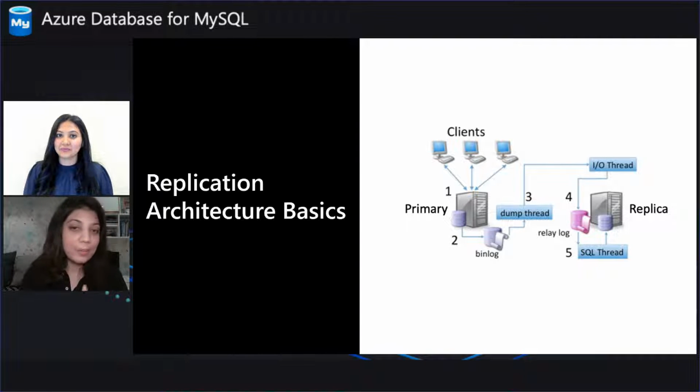First and foremost, the replica doesn't have to connect with the primary because the log files are constantly being transferred using the storage. Also, in the event of a disaster, if we promote the replica into a standalone server, then the replica can be brought up to date with the last committed transaction on the primary. So that's the benefit of storage-based replication, and one of the characteristics of the offerings of Azure Database for MySQL Flexible Server.